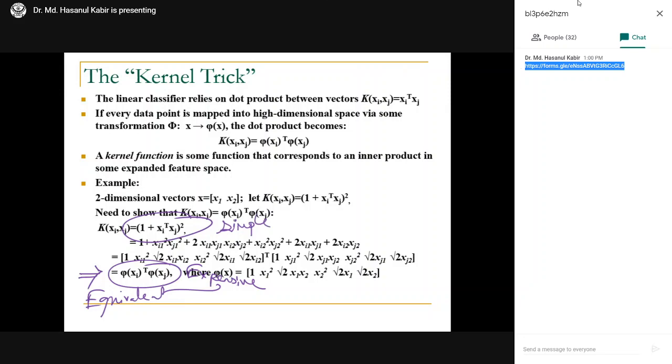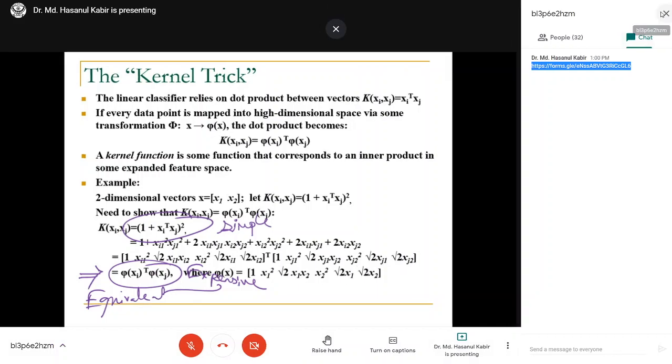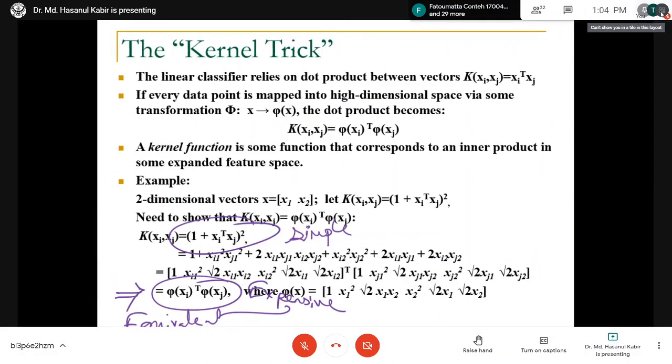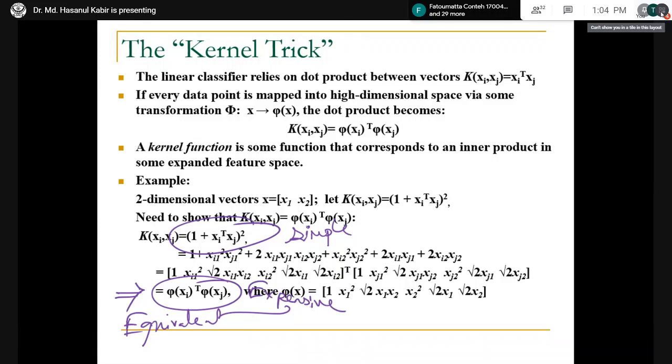Something that gives you the same value, but costs less. Which one will you take? The one that costs less. So basically you have the same output. Remember, same equivalent output. You can get this output by the one which is much simpler.